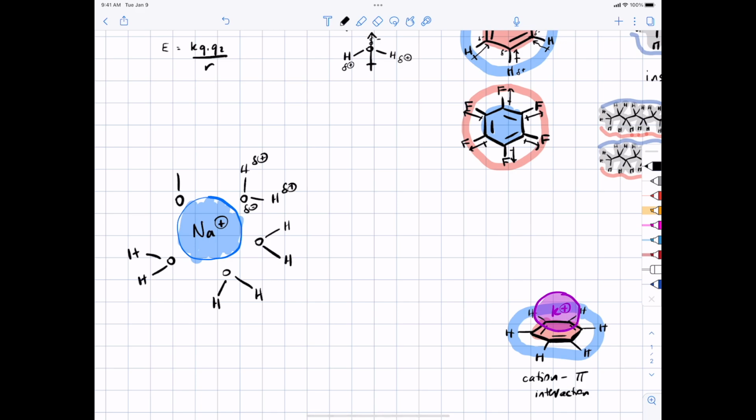I can't really do justice to this in 2 dimensions, but you can imagine a cage of water molecules surrounding this ion.